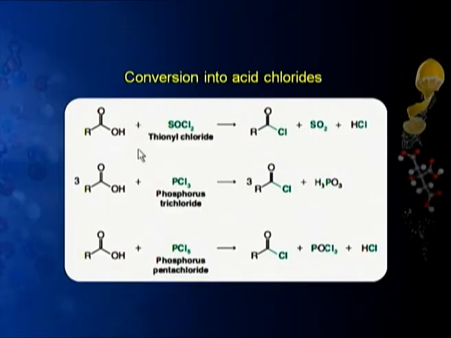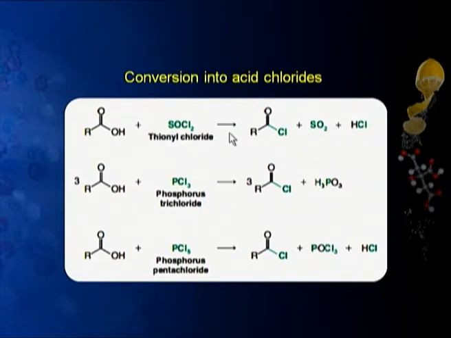First, acid chlorides. Acid chlorides can be obtained from carboxylic acids by reaction with thionyl chloride, PCl3 phosphorus trichloride, or phosphorus pentachloride. All these will give acid chlorides, and the best method out of these three is considered to be treatment with thionyl chloride, because this leads to the formation of both gaseous side products, HCl and sulfur dioxide.